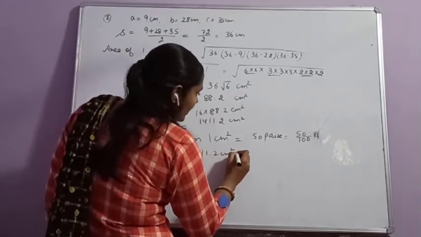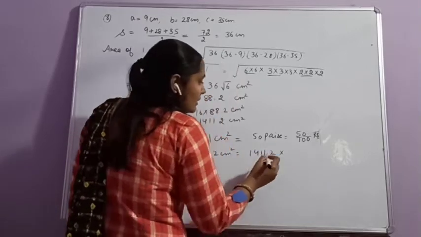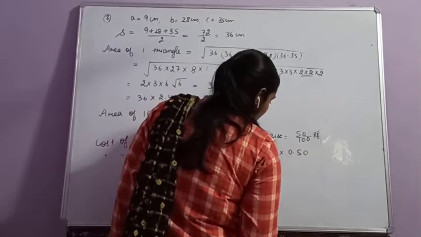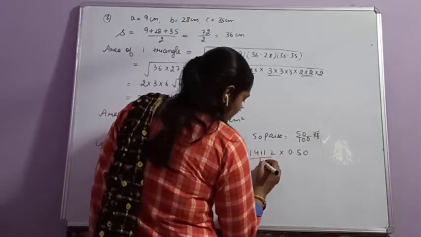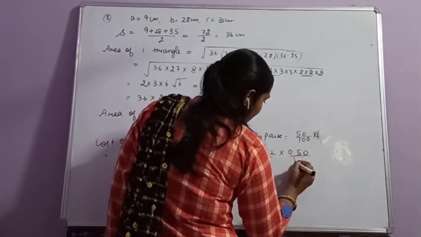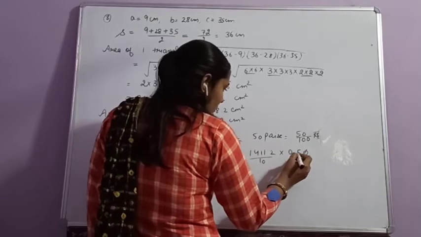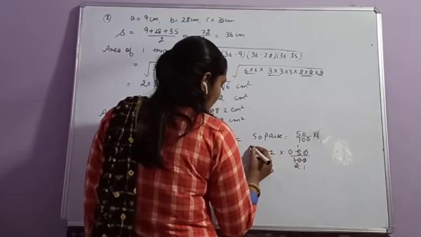Then cost of polishing on 1411.2 square centimeter, that will be 1411.2 multiply with 0.50.